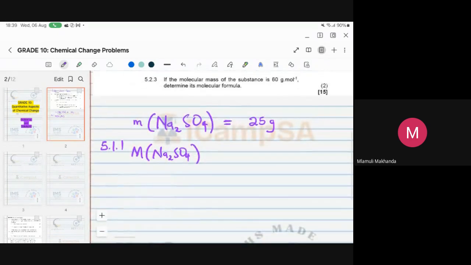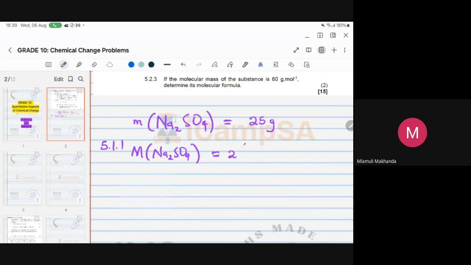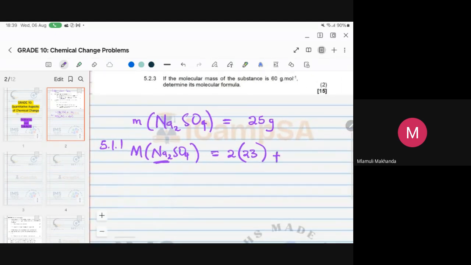Right. So we said sodium will have 2 times 23 because there are 2 sodium atoms. Right, 2 times 23 grams per mole plus sulfur has 32 grams per mole plus 4 times 16 for oxygen. So just punch everything in the calculator as is. You don't have to keep writing everything step by step.